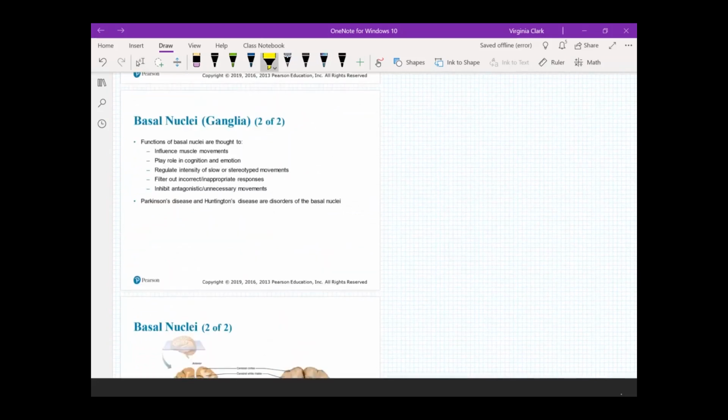While they are a collection of cell bodies, the functions of the basal nuclei relate to motor movement. We don't know exactly what the basal nuclei do, but their function is related to some sort of motor movement, muscle movement, cognition, stereotyped movements, inappropriate responses, antagonistic, doing the opposite.